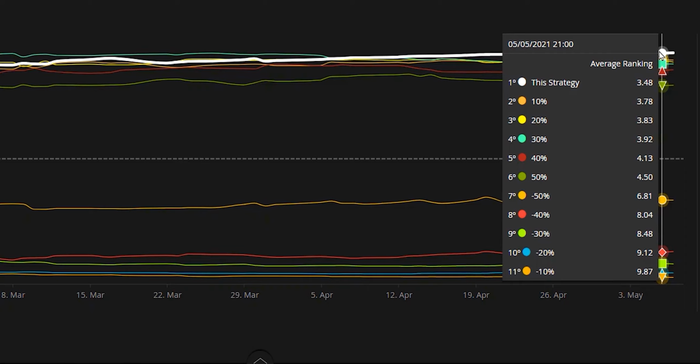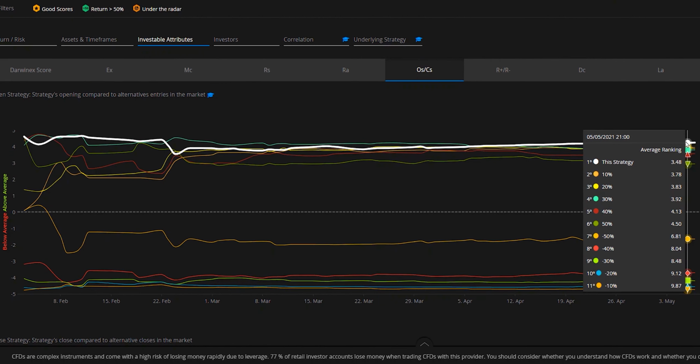But how is this 10% and 20% calculated? Well, it's all worked out on the basis of the duration of the trade. So the time between the open and the close. And if you imagine that total duration as being 100%, then the alternative entries, both before and after, are calculated on that basis.